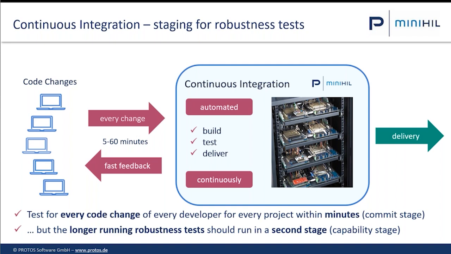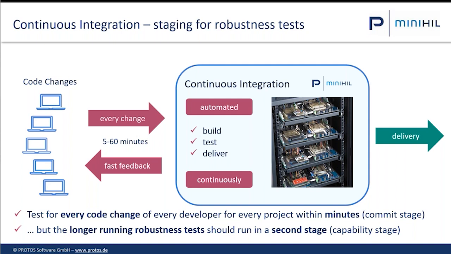So usually we test every code change for every developer within minutes in the commit stage. Also your requirement tests, every test case once, every error situation once maybe. But the longer running robustness tests might take an hour or maybe overnight or over the weekend.